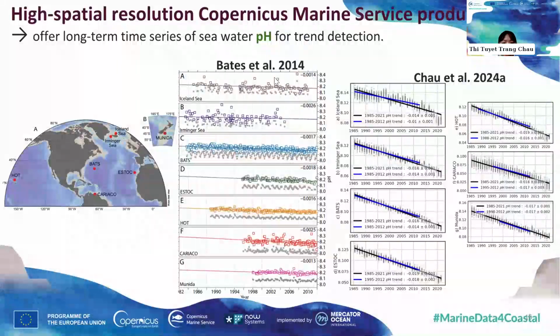But for example, in Page et al. 2014, we see that the estimate of the trend based on observation of pH covers a short time period, and that obstructs the study of the temporal variability of pH. And with Copernicus Marine Service, we have access to the full coverage of pH over multi-year periods since 1985, as a complement to pH observation to derive the estimate of short-term to long-term variation of pH and other marine carbon variables.